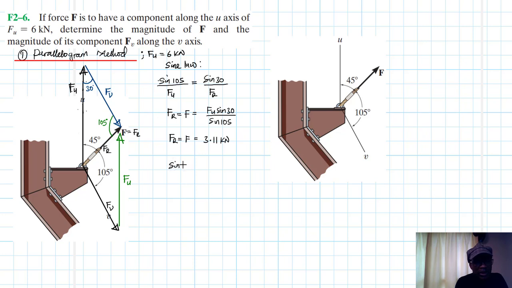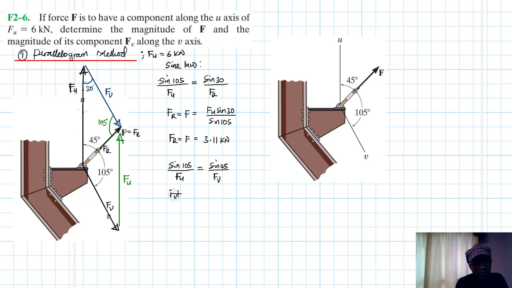Then the next one is sine 105 divided by Fu equal to sine 45 divided by Fv.